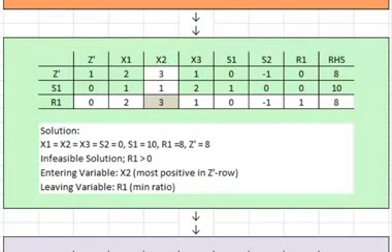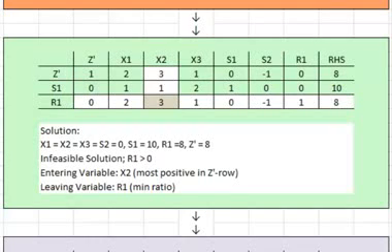Remember that this is a minimization problem, so when we look at the Z prime row, instead of searching for the most negative, we are now searching for the most positive. In this case, the entry under x2, which is 3, indicates that x2 is the entering variable.